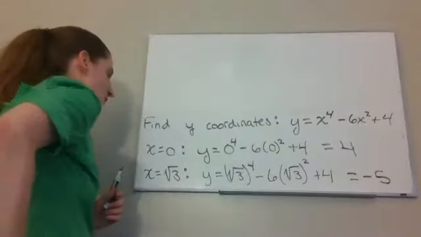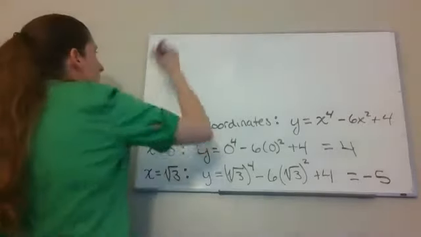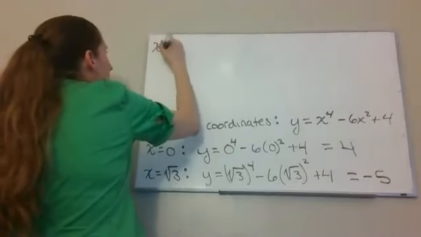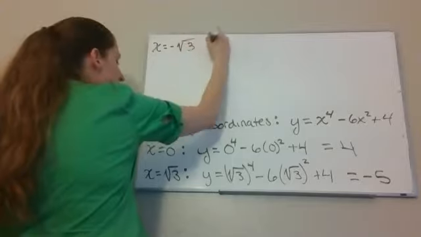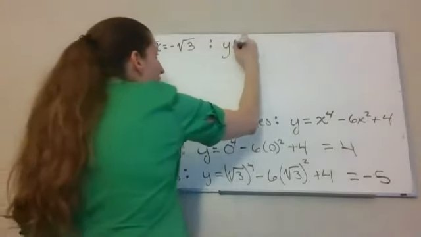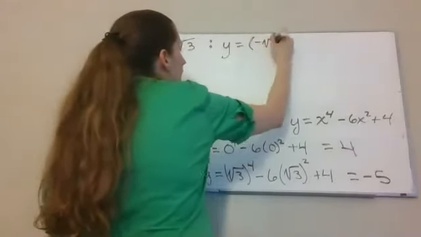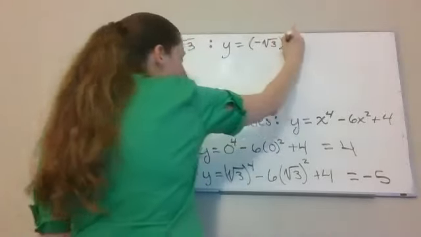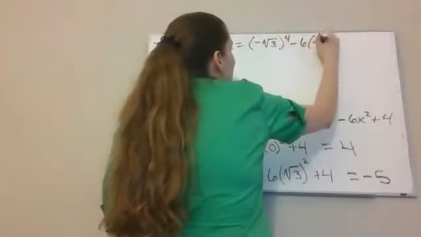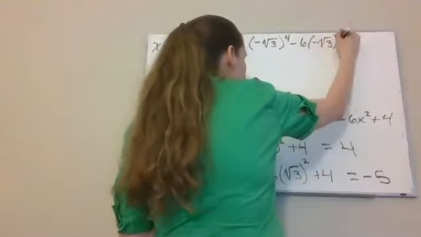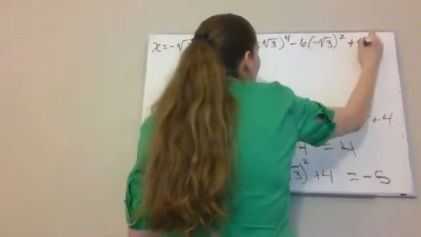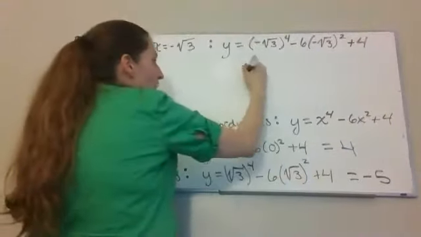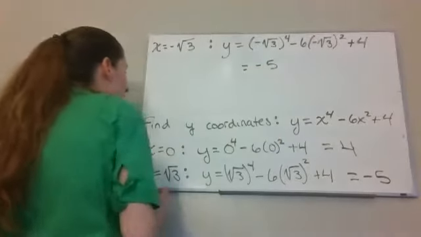And then the y-coordinate for x equals negative square root 3. We have y equals negative square root 3 to the 4th minus 6 times negative square root 3 squared plus 4. And this ends up also equaling negative 5.